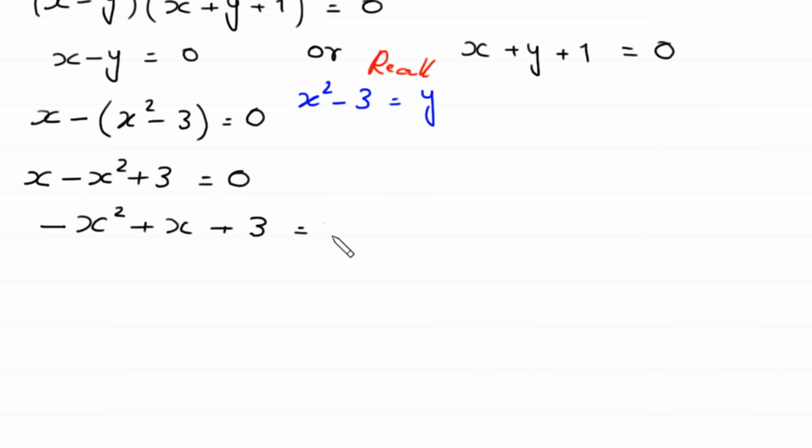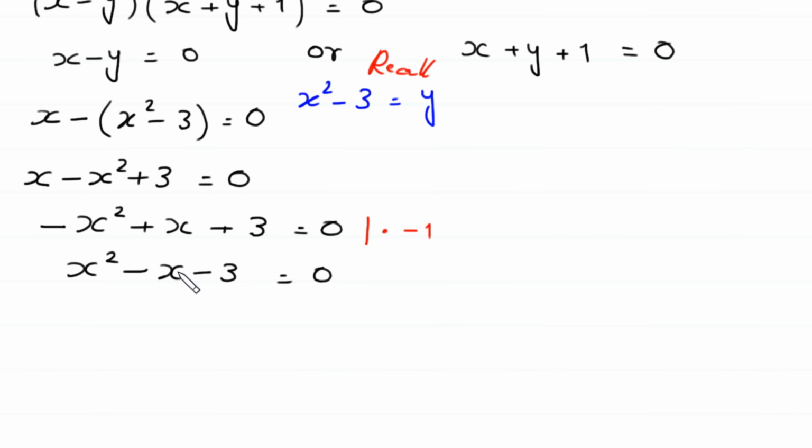is equal to 0. Now because here we have negative x squared, we multiply both sides of this equation by negative 1. Then this equation becomes x squared minus x minus 3 is equal to 0.